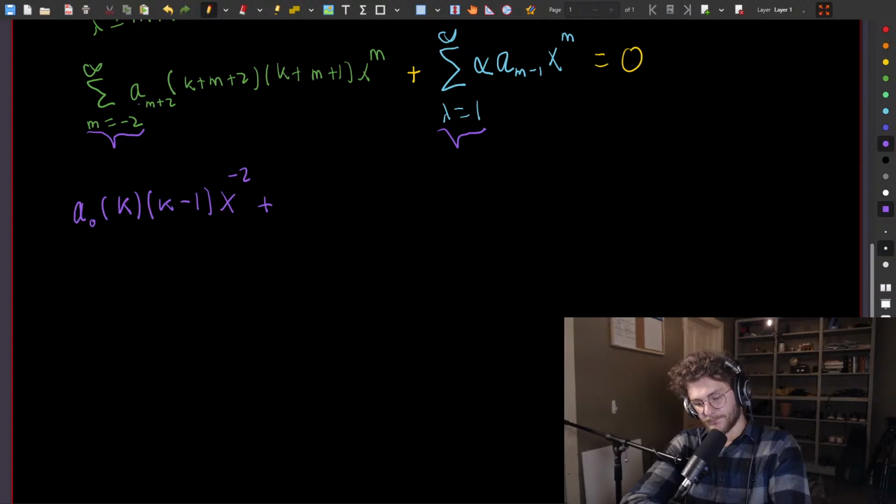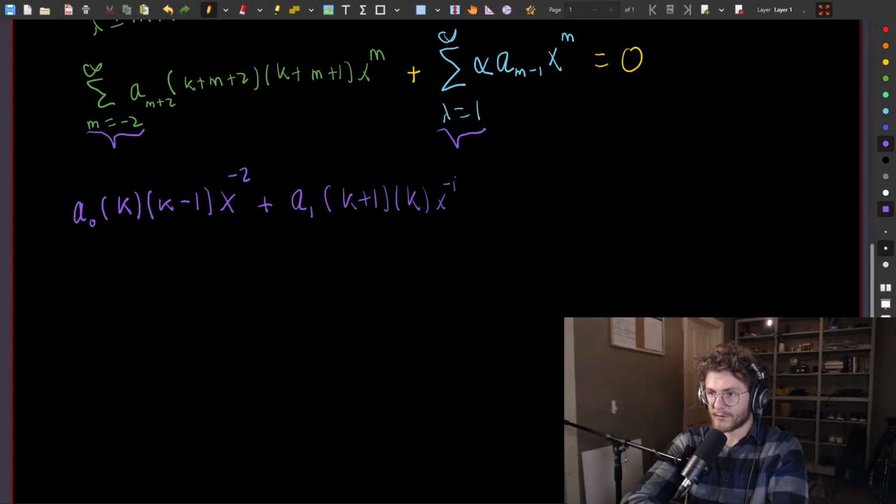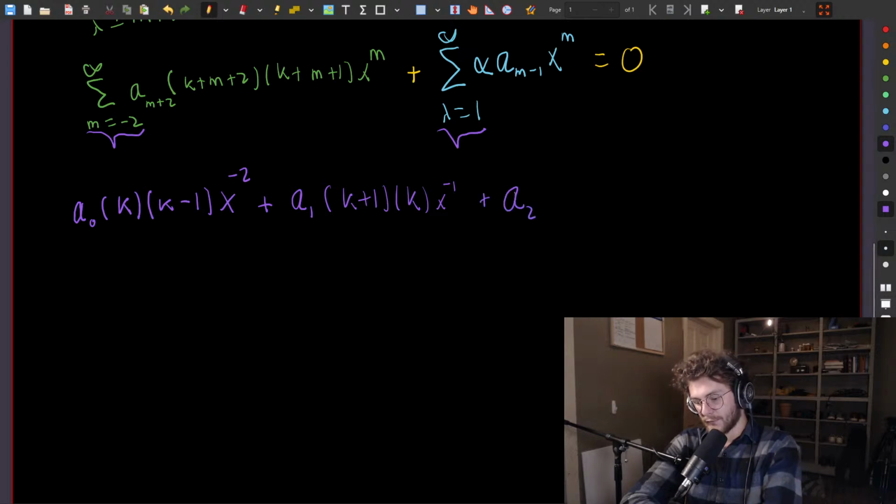A equals 2 minus 1. So a1, k plus 2 minus 1, k plus 1 times k, x to the -1. And then the third one, which is m is 0, plus a2.